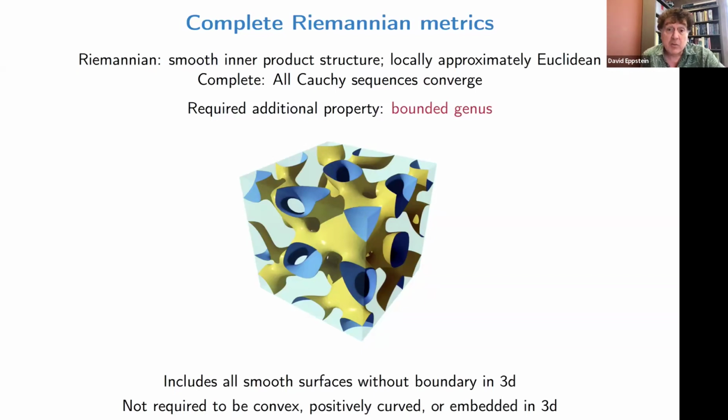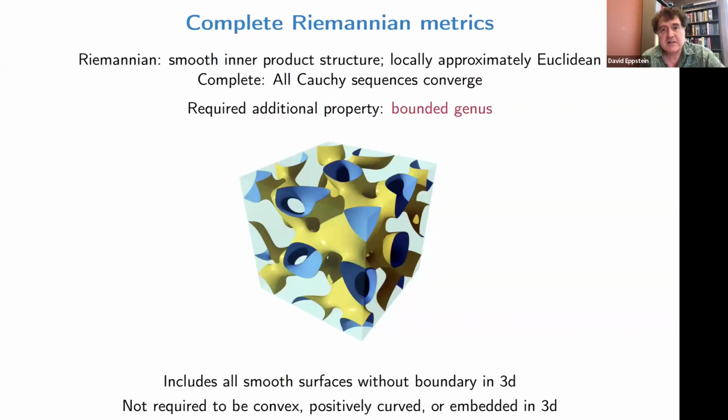But in order to make our proof work, because we want to forbid one of these graphs K3n, we need to restrict our attention to bounded genus surfaces. We need the Riemannian metric to be complete. Technically, this is defined as saying that all Cauchy sequences converge.